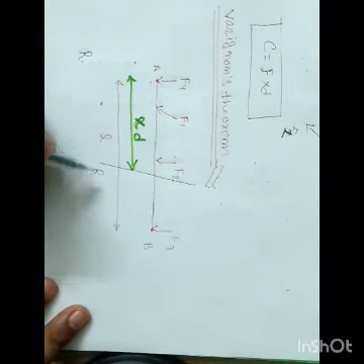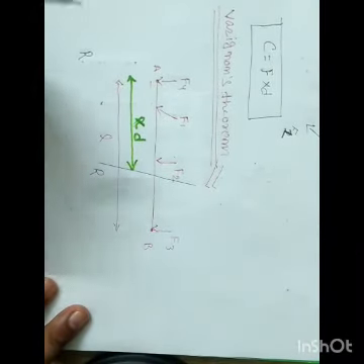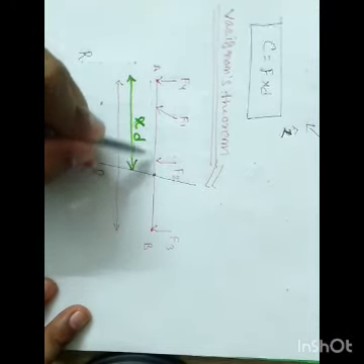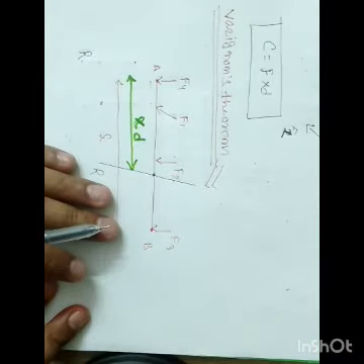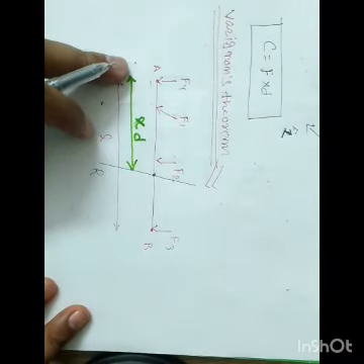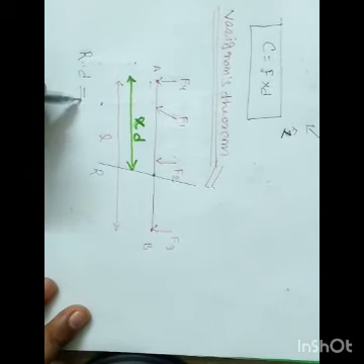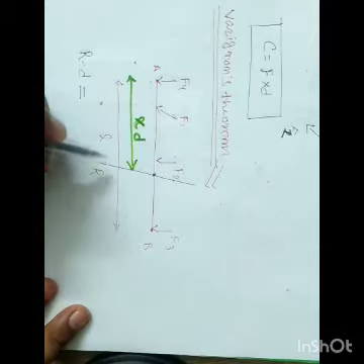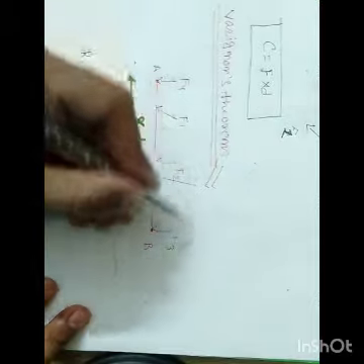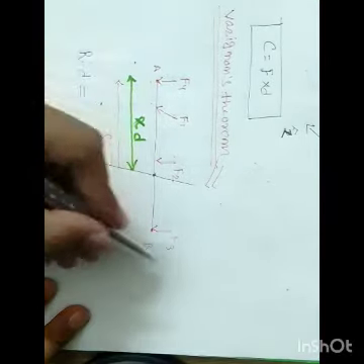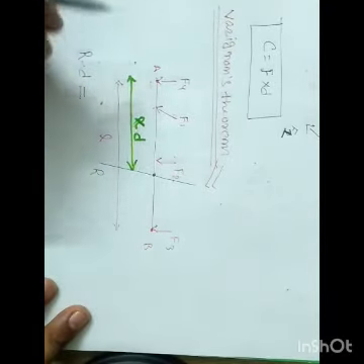This line is the resultant. I am considering the resultant is at this much distance from A. Now what should I do? The resultant is a force, so force into perpendicular distance gives the moment, R into D. This moment because of the resultant about this point should equal the sum of the moments of all the forces, F1, F2 and F3, into their distances.